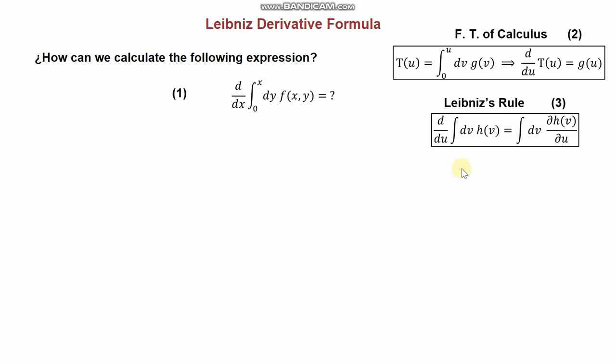On the other hand, Leibniz rule allows us to move the derivative inside the integral, when the variable of integration b is independent of the variable of differentiation u. But once again, in expression 1, this is not satisfied because the variable of integration y depends on the variable of differentiation a.